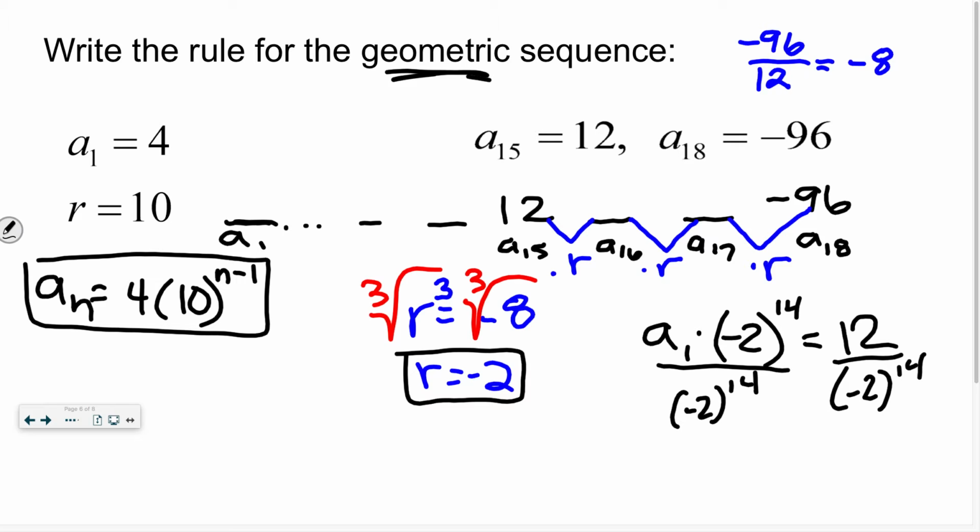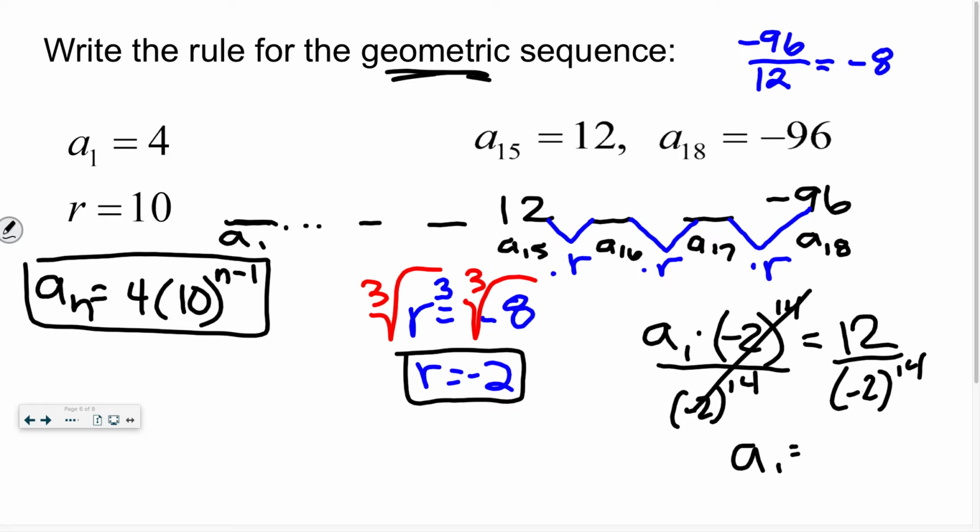Now, notice when I have a negative ratio, I'm always going to protect my negative ratio in a geometric sequence with parentheses, because if you don't, your calculator is going to give you a negative answer, and a sub 1 is actually positive because you're raising the negative 2 to an even value.